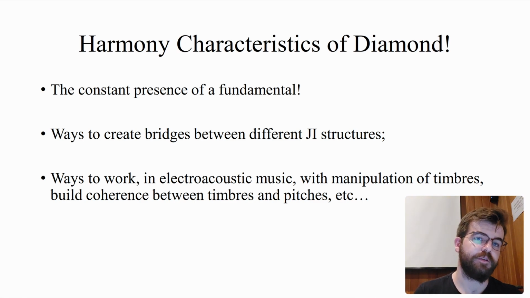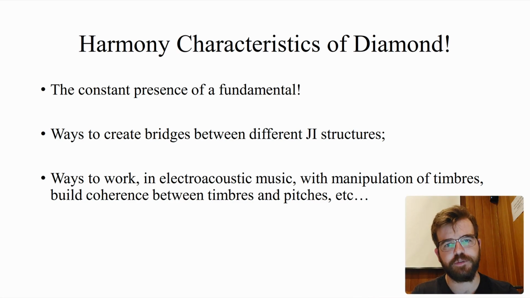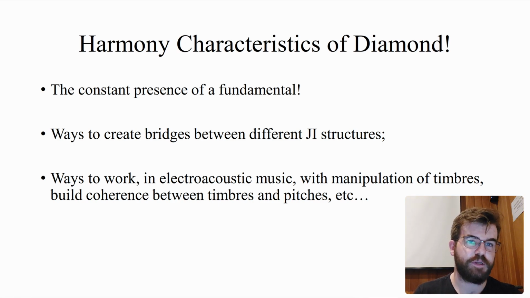For example, go to the tonality diamond by Harry Partch, then use pitches from Ben Johnston's music or systems, then use tempered music, and make possible the use of different microtonal structures.